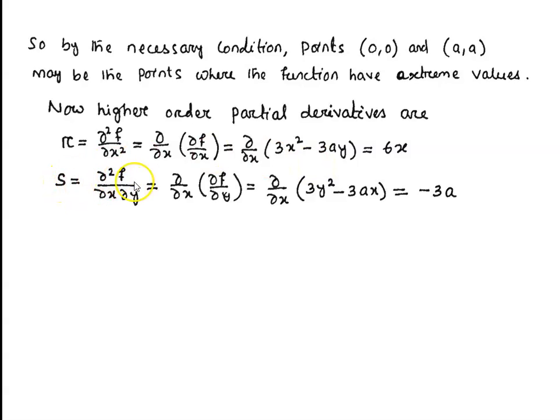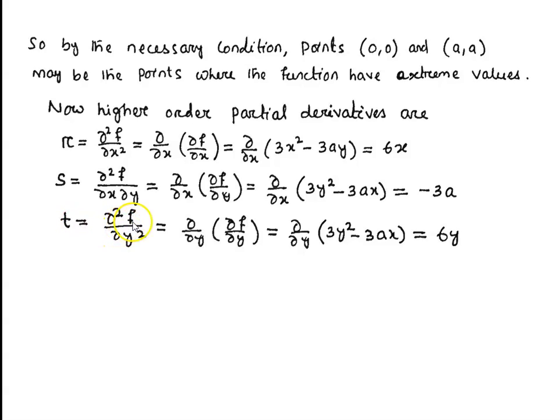Now s is equal to del square f divided by del x del y, that is del by del x of del f by del y. Now our del f by del y is 3y square minus 3ax. Now partially differentiating this with respect to x, we have minus 3a because 3y square is a constant.